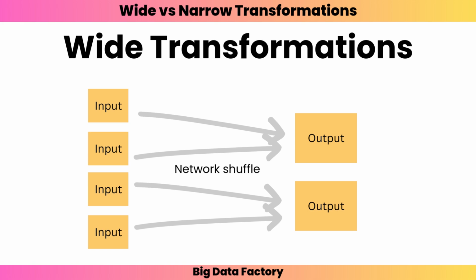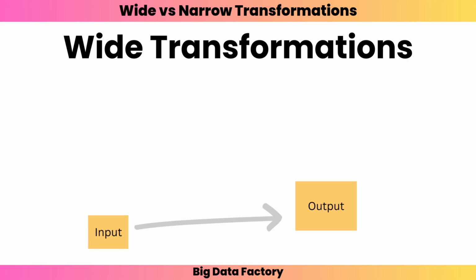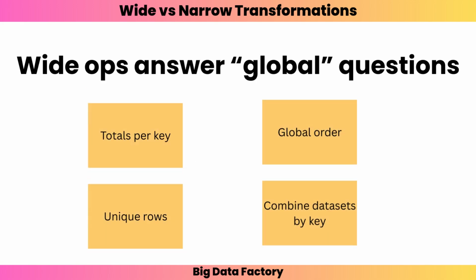If you say remove duplicates, Spark must compare rows across partitions and shuffle again. Same for most joins. If both sides are big, Spark usually shuffles data by the join key so matching keys meet. So wide transformations are the ones that answer questions like: give me totals per key, give me unique rows, give me global order, combine these datasets by key. Those questions require coordination across the cluster.